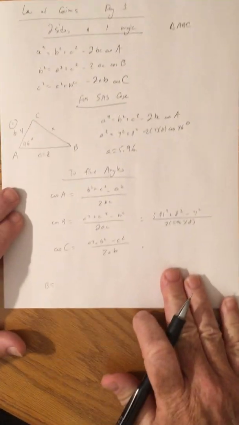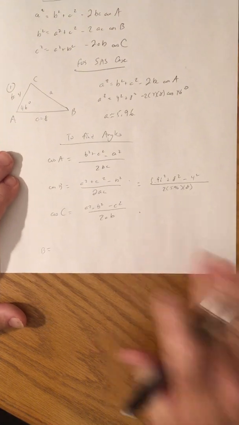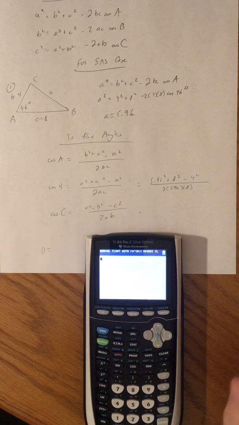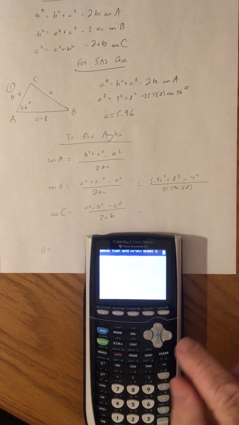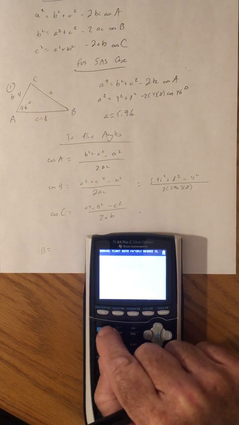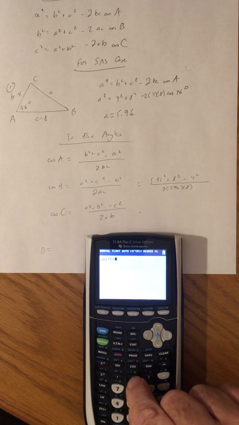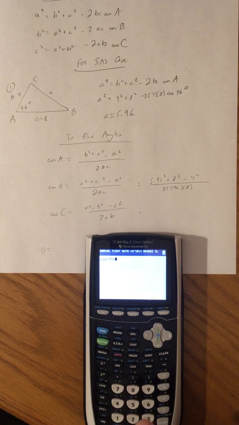Let me move it up a little bit. Okay. All right, here's what I say to do. Do this all by calculator. It's a lot easier. But you just have to practice it a couple times. Inverse cosine. Now we need to take the whole numerator by itself. Okay, so put double parentheses. 5.96 squared plus 8 squared. Let the calculator do the work.